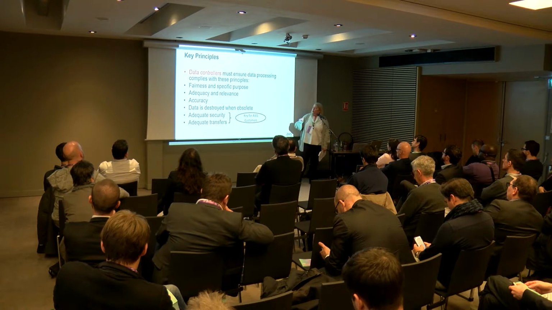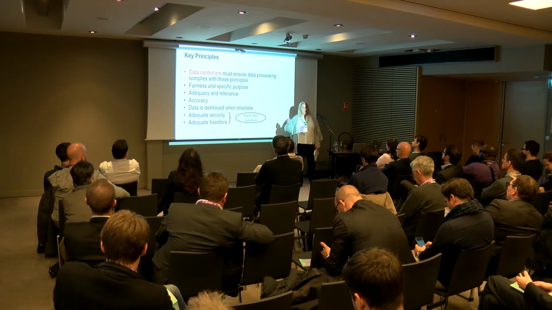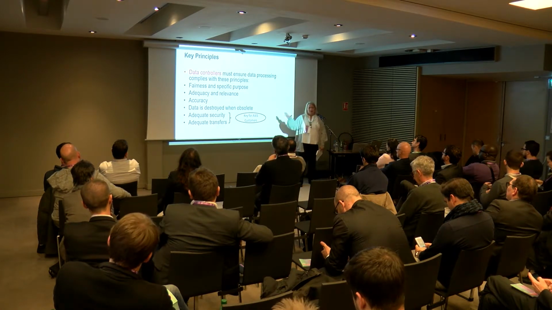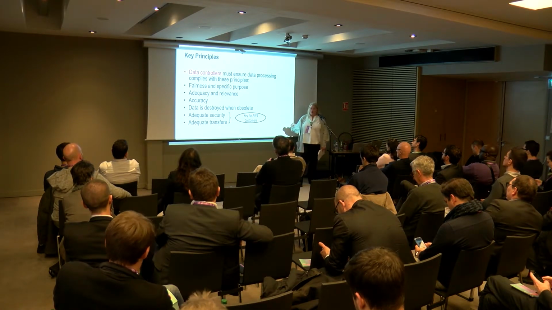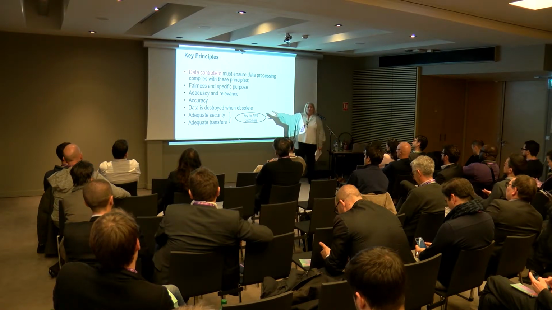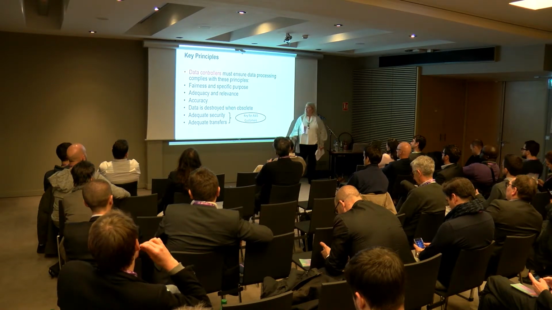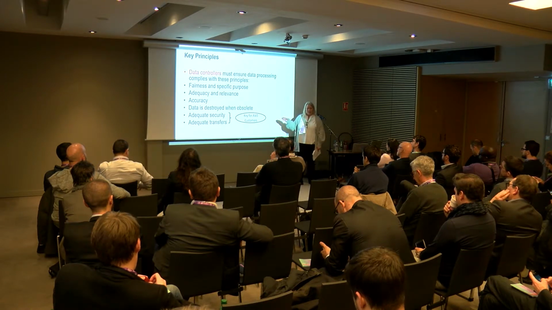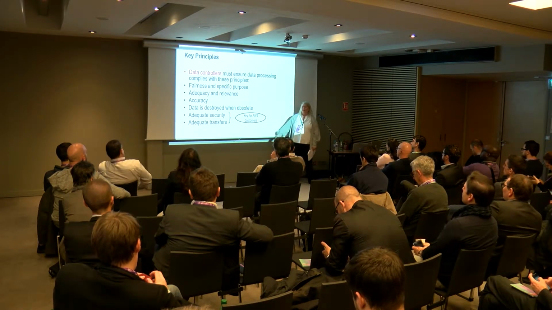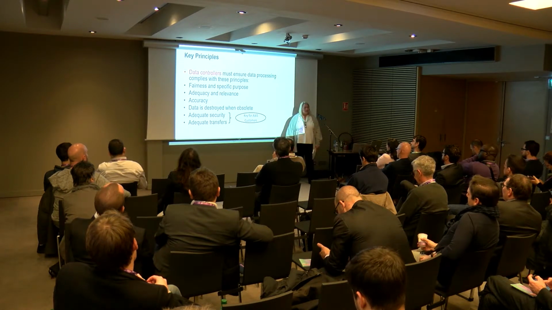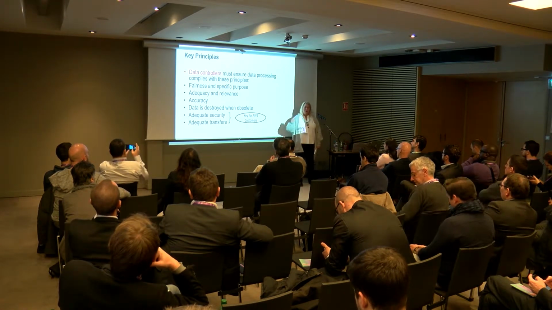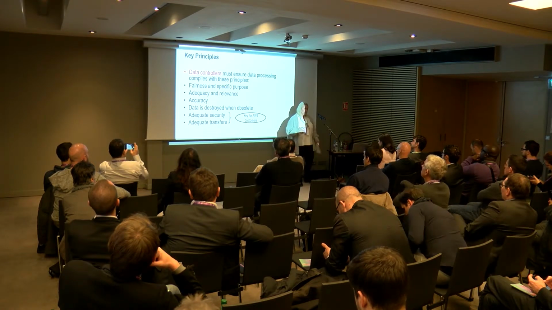You have to ensure that the processing is adequate and relevant to the personal data transferred to the processor. You have to ensure accuracy of processing. The data is destroyed when it's no longer needed. And then key for our customers, that there's adequate security in place and that transfers are legal and adequate.